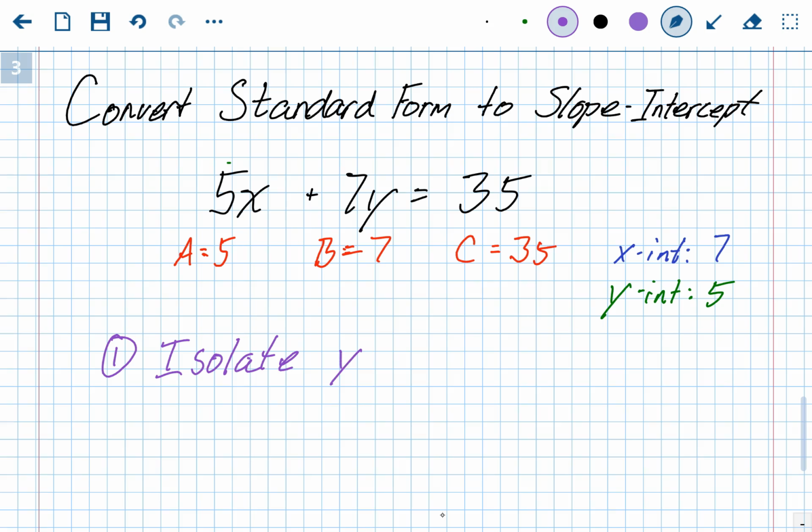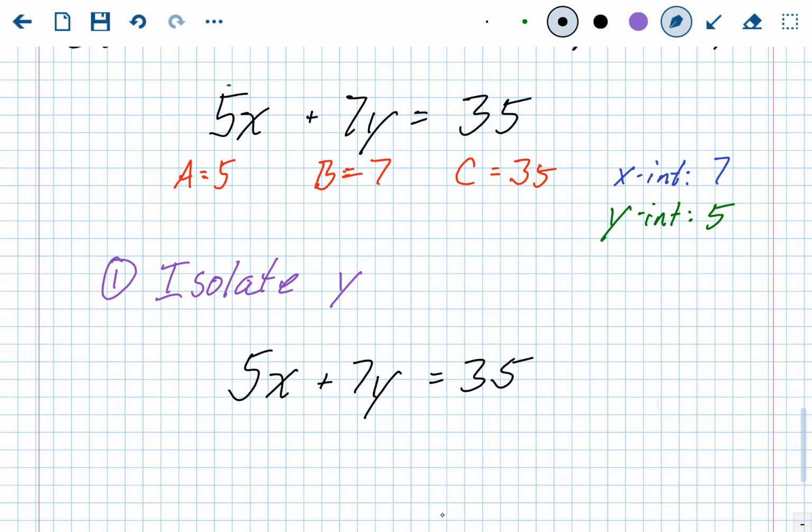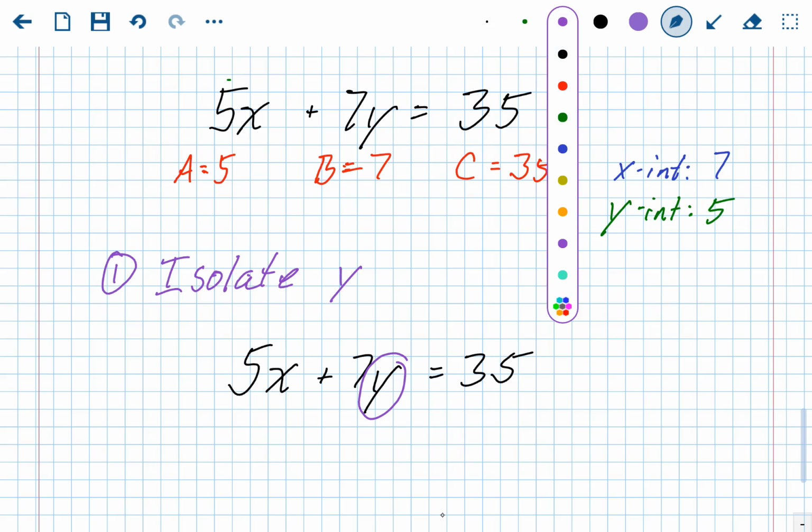So we're going to isolate y. So let me rewrite this: 5x plus 7y equals 35. And again, the goal here is to get this y value by itself. Okay, we've been rearranging and solving equations for months now, so it should be fairly easy.